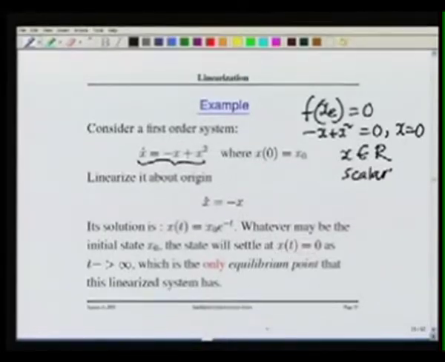This is your equilibrium point, which is the only equilibrium point that this linearized system has.